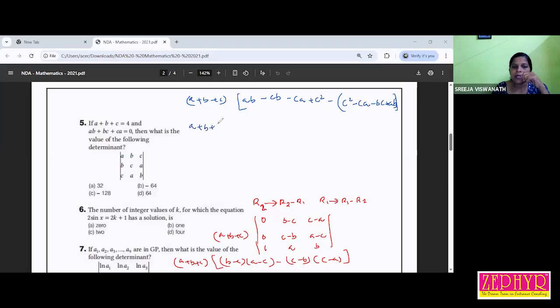That is A plus B plus C into AB minus BC minus AC. Plus C square and minus C square cancel while opening the brackets. And plus CA plus BC minus AB.